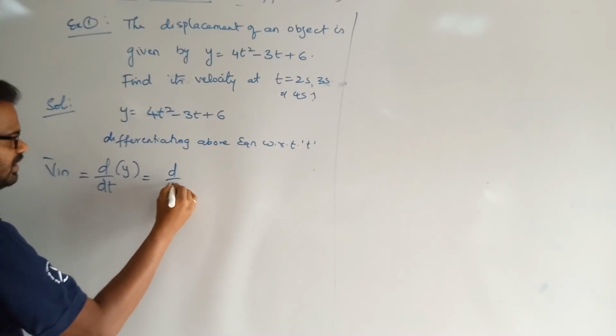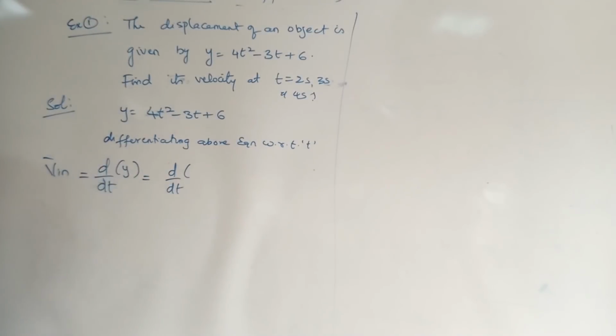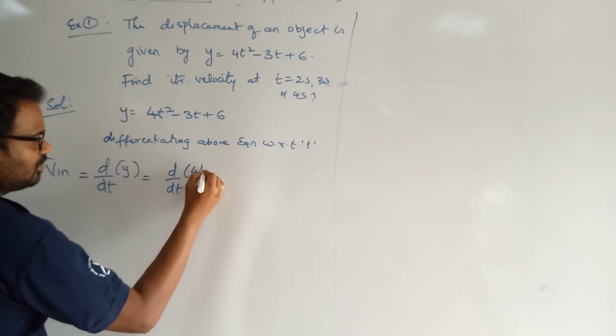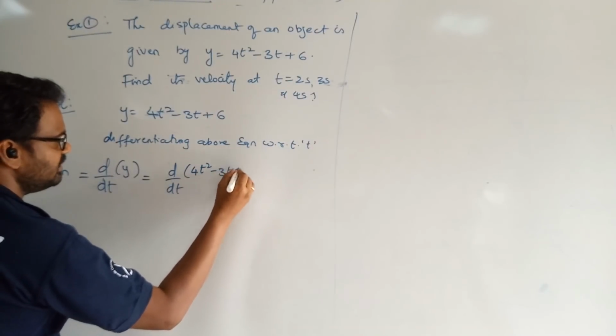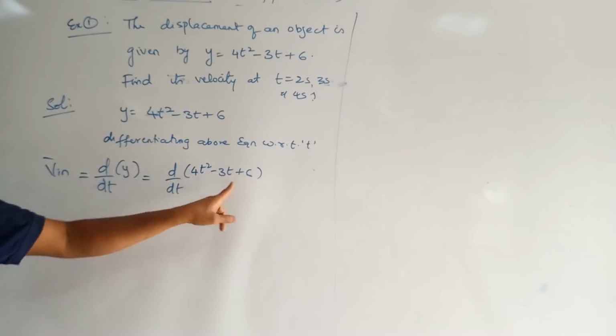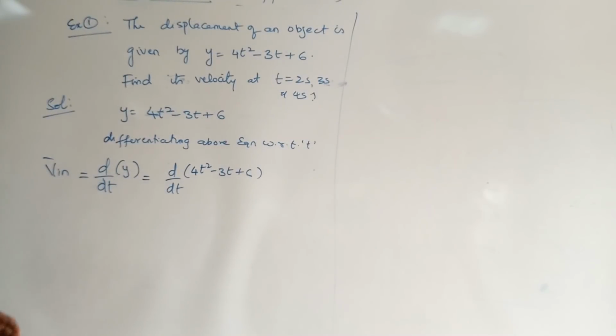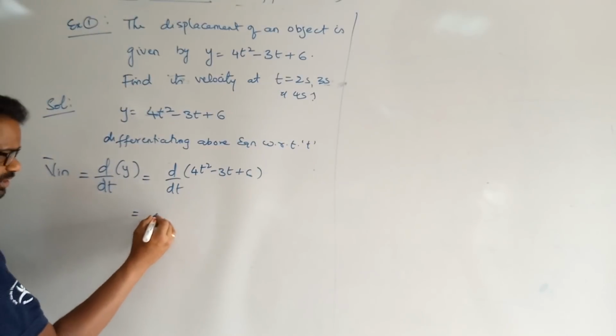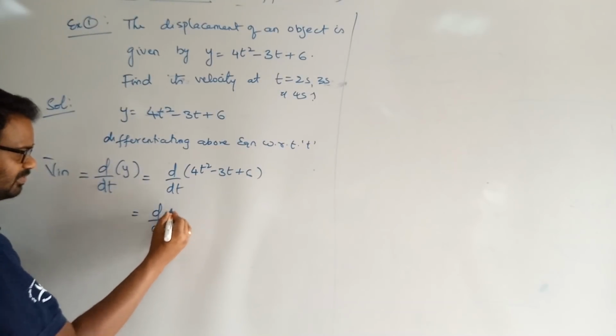Now, d/dt of y, that is, write that equation: 4t² − 3t + 6. Now you need to apply differentiation with respect to t for each parameter within the bracket. To understand this simply, initially we apply it to separate terms.